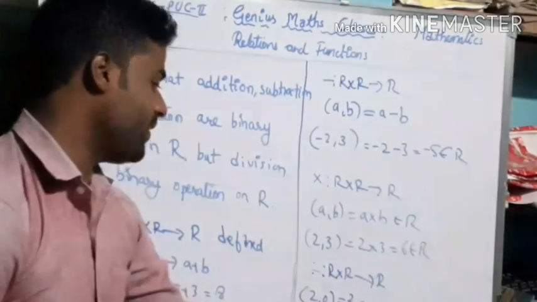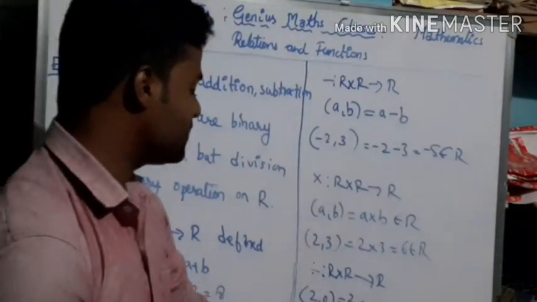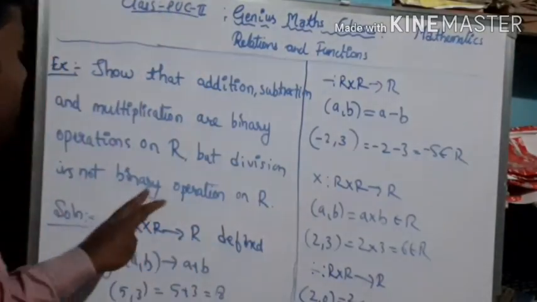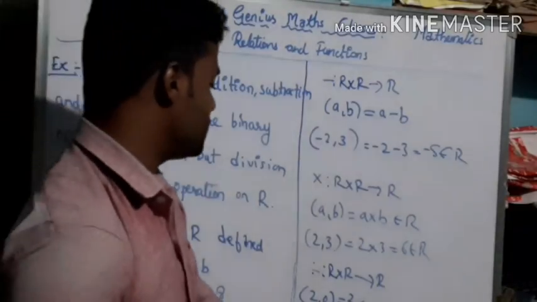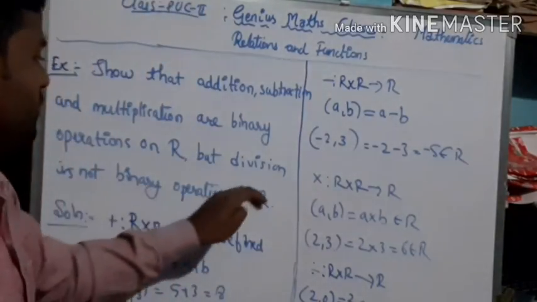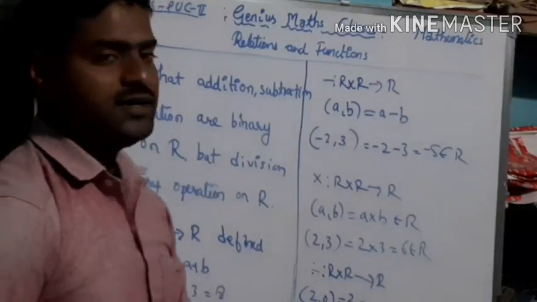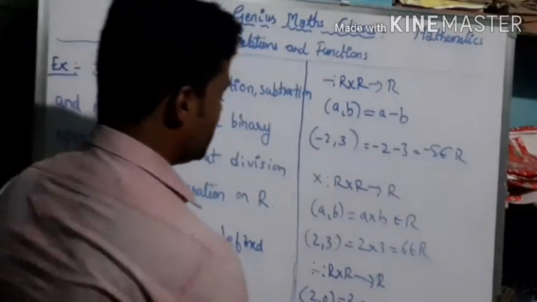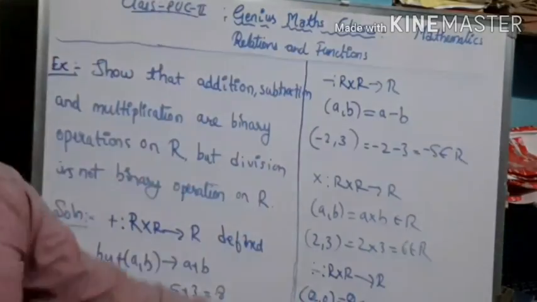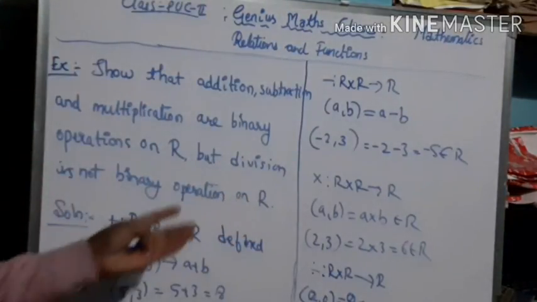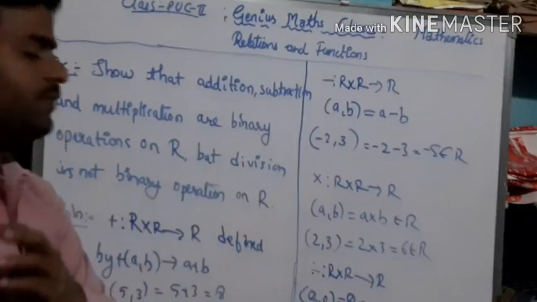It is undefined. That is why it is not a binary operation. Or else 0 divided by 0 is also undefined. Therefore, division is not a binary operation.